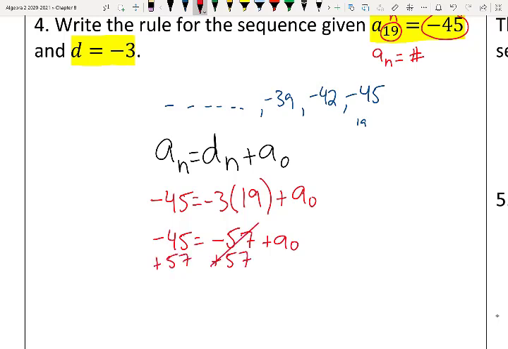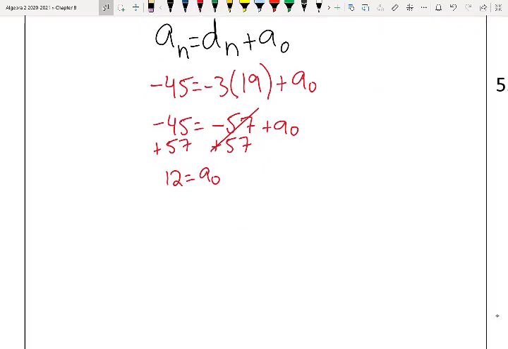Those cancel out. So we've got, what is that? 12 equals a sub 0. So if a sub 0 is 12 and your common difference was negative 3, a sub n equals negative 3n plus 12.